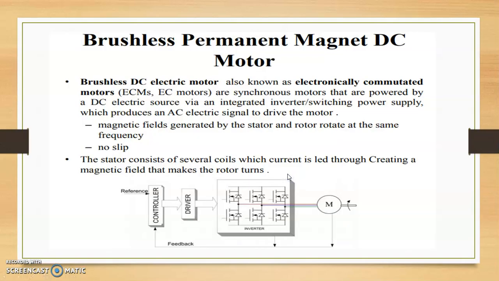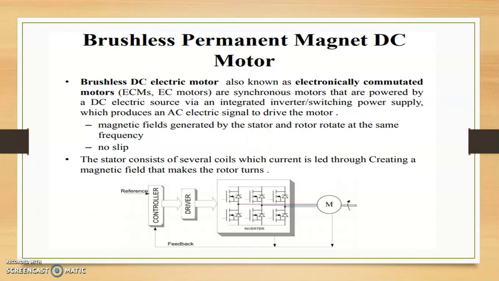The brushless DC motor is an electronically commutated DC machine where the stator is made of three-phase windings and the rotor may be a permanent magnet rotor. These machines are used for high-speed applications.